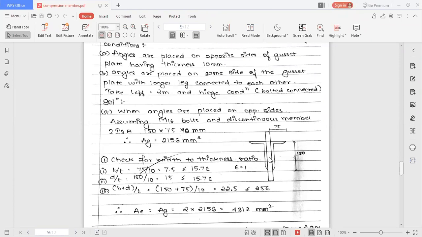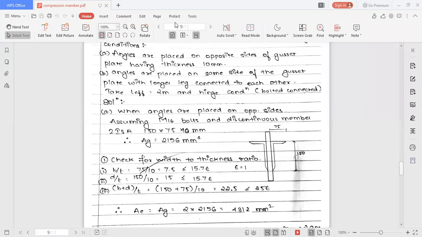In the middle one, the gusset plate is there, और ये जो है, it is connected with the angle section, that is of the size 150 by 75 by 10 mm. Now, gross sectional area you will get from the steel table, and the gross sectional area for this particular angle section is 2156 mm square.